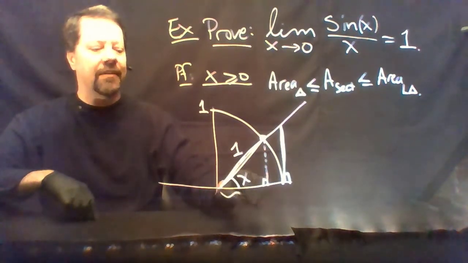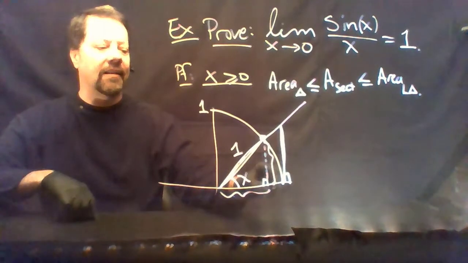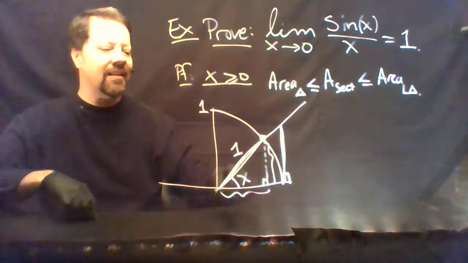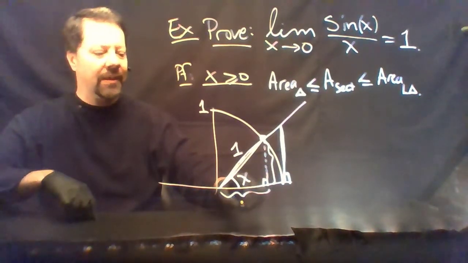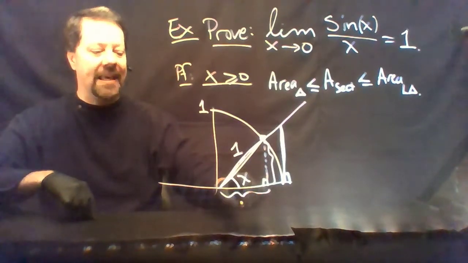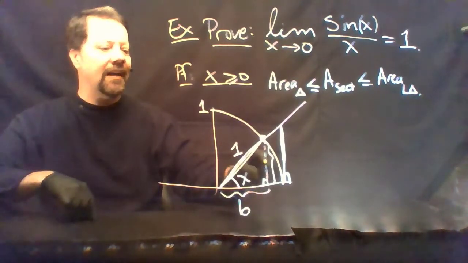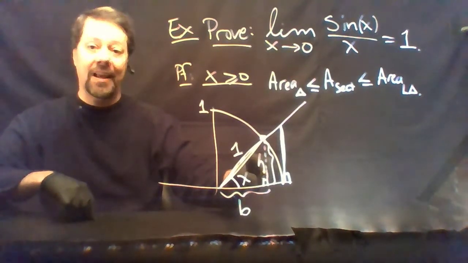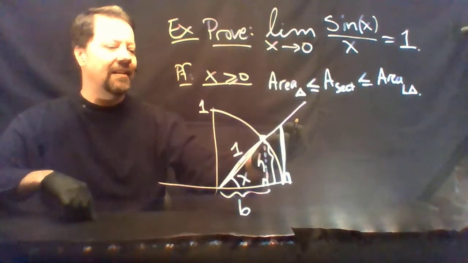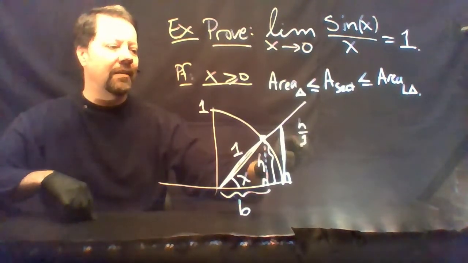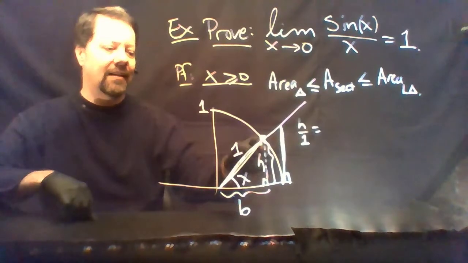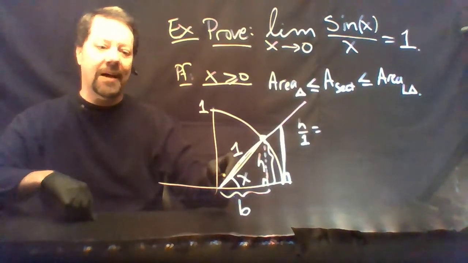So we need to figure out the length of the base and the height. If we call the base b and the height h, note that h divided by 1 is opposite over hypotenuse for the angle x.